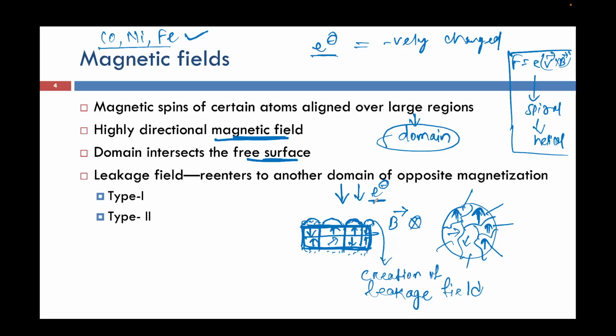When we derive that force, the velocity will be considered for the backscattered electron. Since there are magnetic fields, there are two types of electrons we know. One is related to the incident beam, and another is related to the specimen.